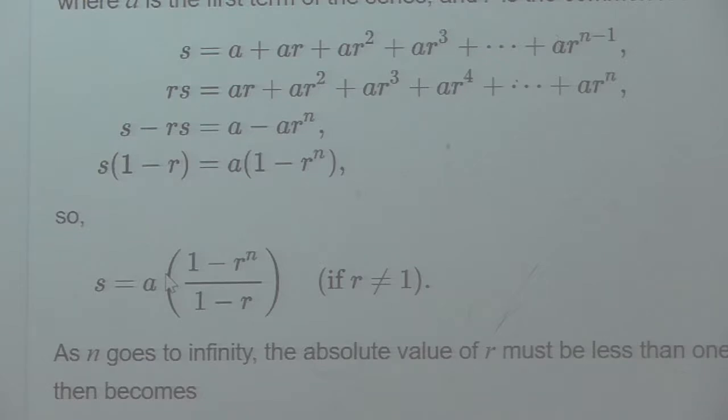Alright? So, of course, now we can use that to do this annuity problem. Right? Because we already identified what is A and what is R. What is A in our sum up there? The thing that we keep multiplying each term by is the present value, or 100, right?